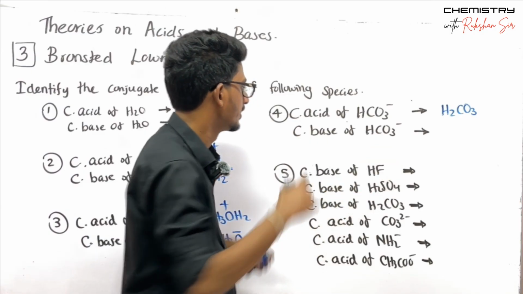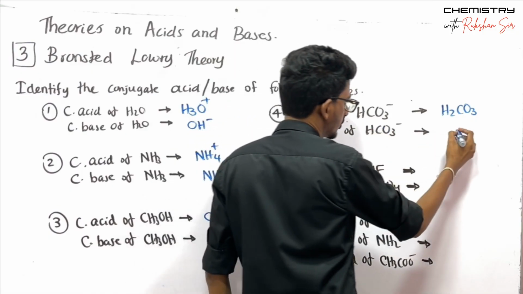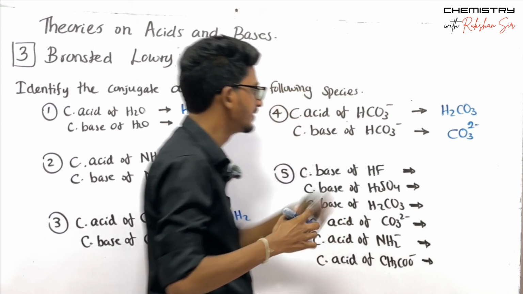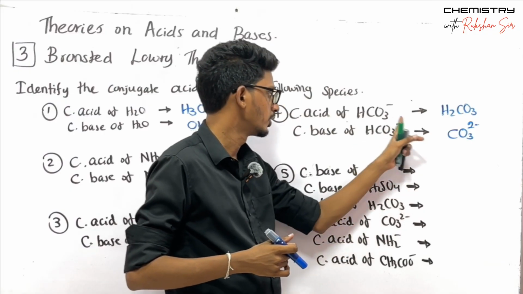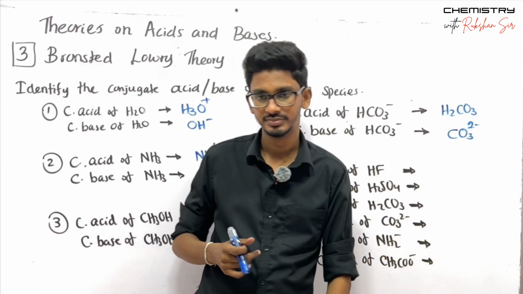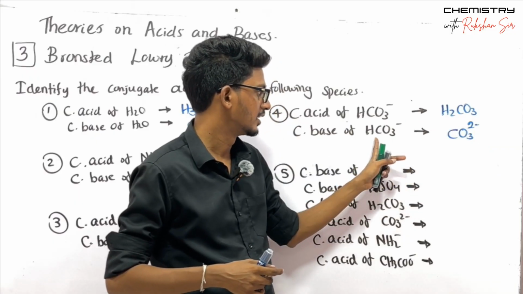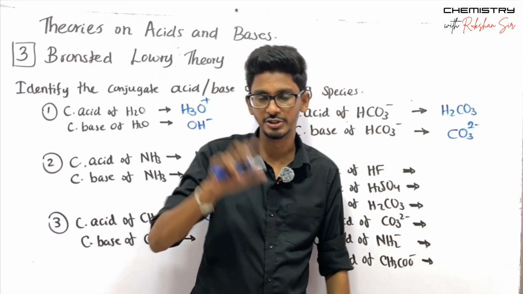Releasing H plus from this will give you CO3 2 minus. If you add some H plus, you should get back this one. This is the conjugate pair.